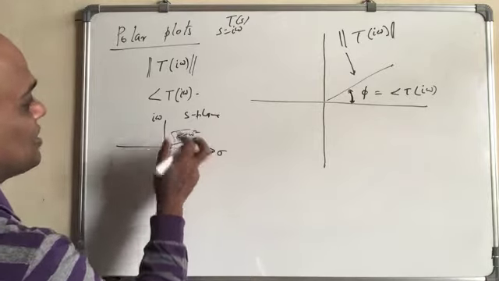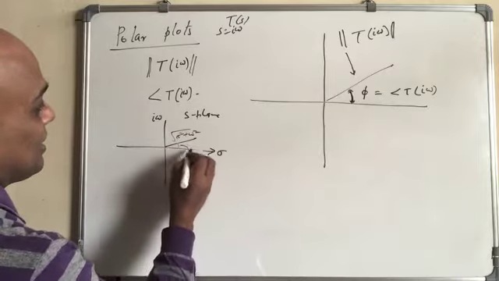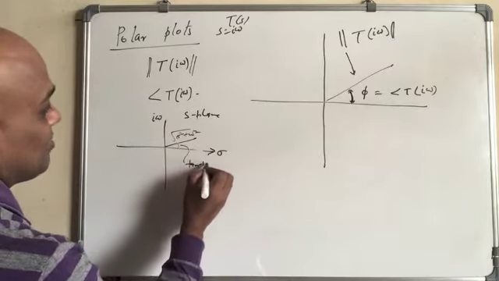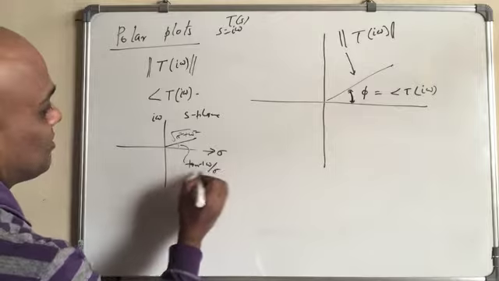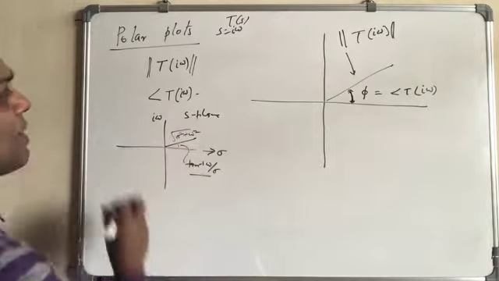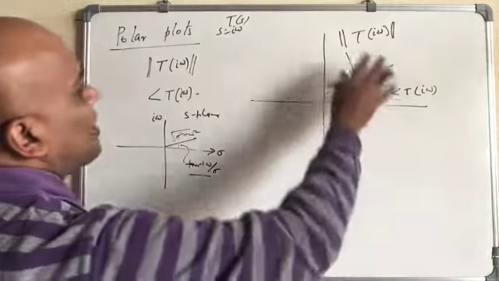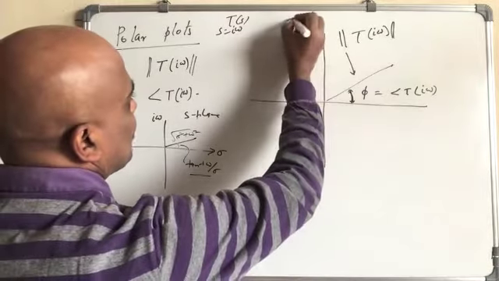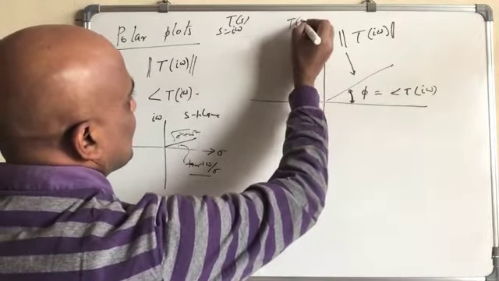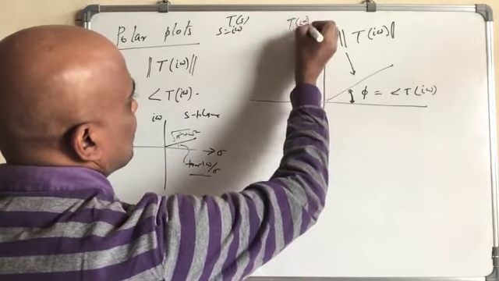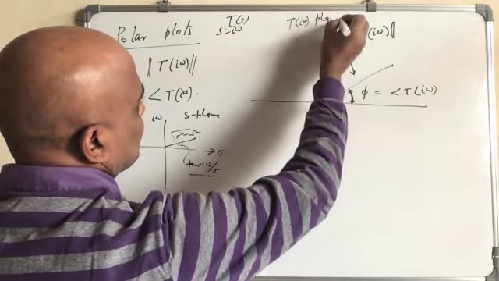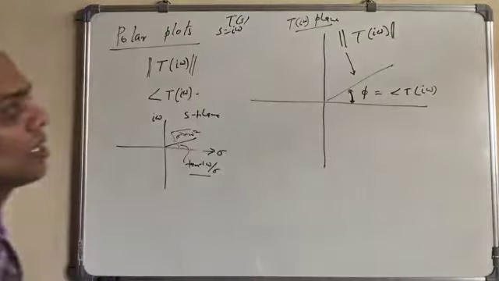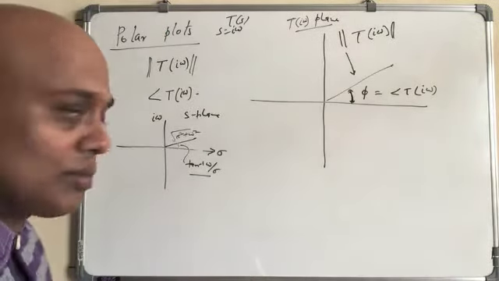So this is the magnitude. And the angle here is nothing but tan inverse omega over sigma, right? So this is the S plane. This you can call the T(iω) plane, right?